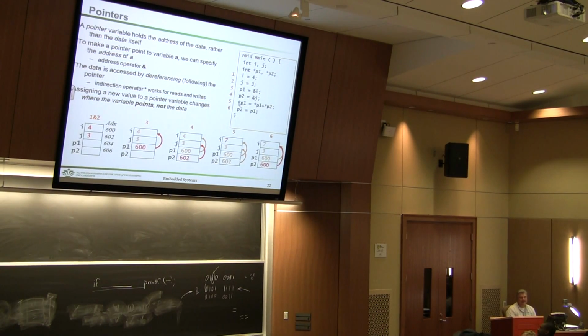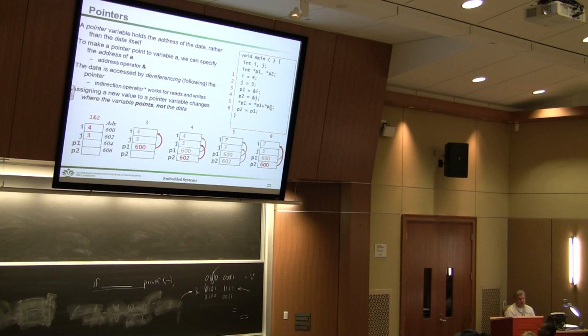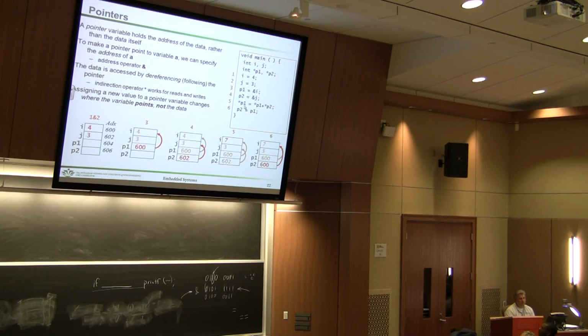At this point again, star P1 says, take the pointer P1, take the contents at P1, add it to the contents of P2, and store it in P1. P1 and P2 are pointers, so we'll take the values 4 and 3, add them together, and store the result to this memory location, because that's what the pointer is pointing to.